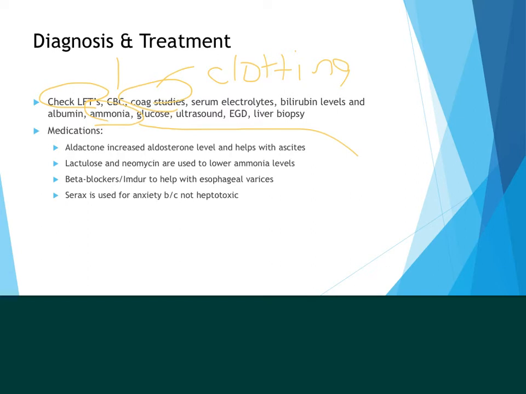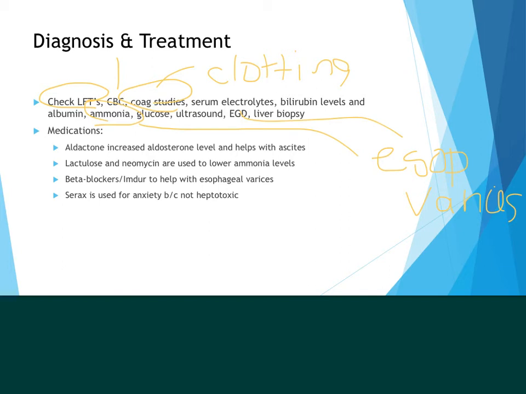Obviously, you could do an ultrasound of the liver. You want to do an upper endoscopy if we're going to check for the esophageal varices. Okay. Liver biopsy if you're unsure of the underlying cause or they're possibly a candidate for a transplant.